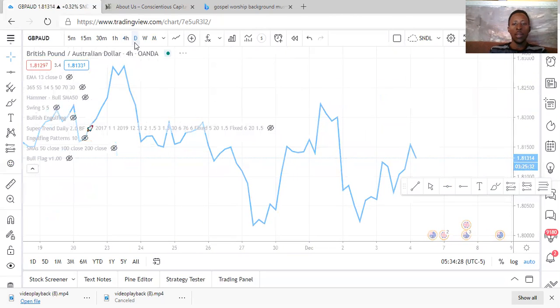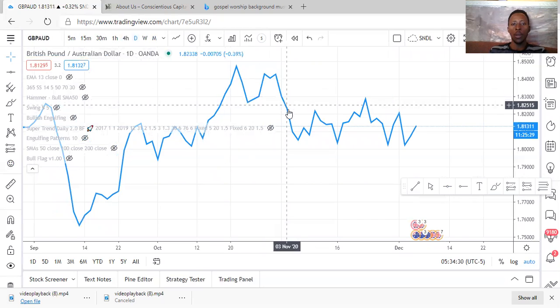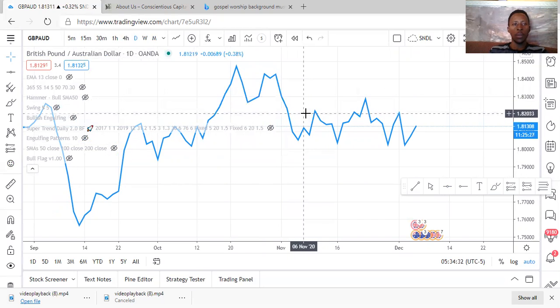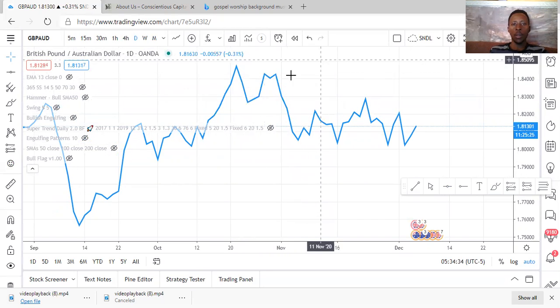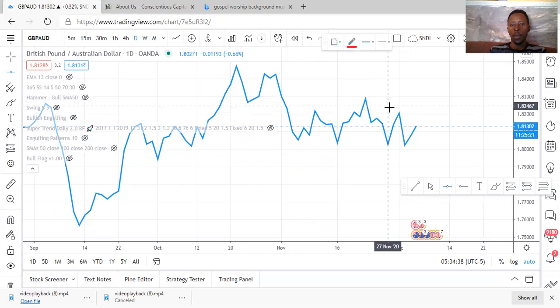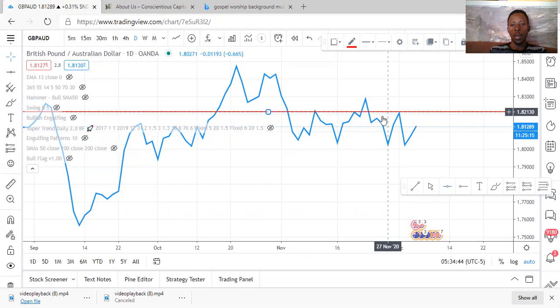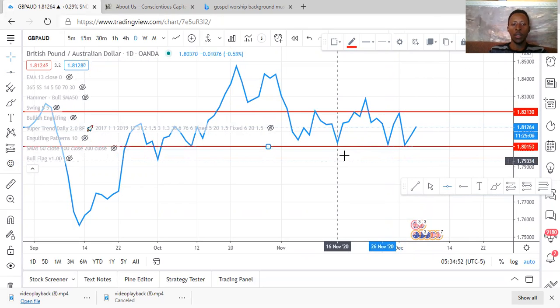Yeah, I think this would make more sense. Okay, let's get a new markup. This is a bit better. Making this the most recent high and this the most recent low. Yeah, this is good.